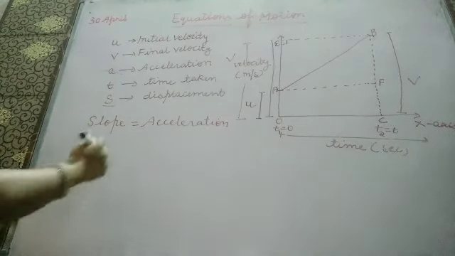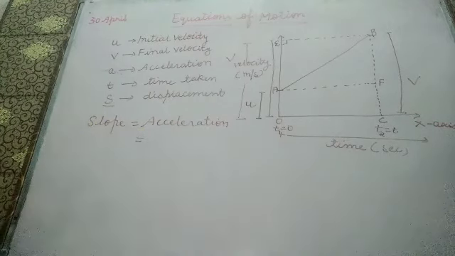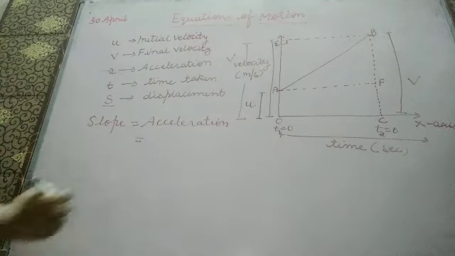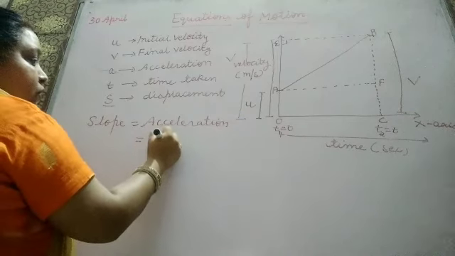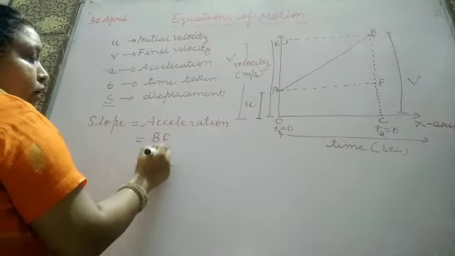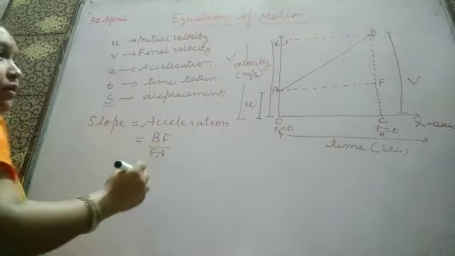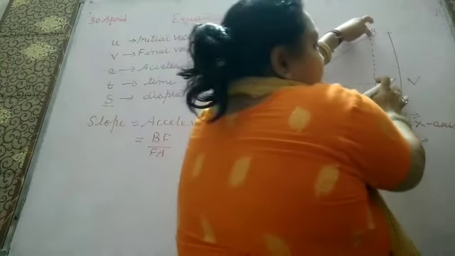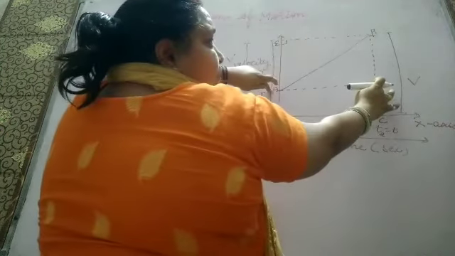And the slope will be equivalent to what we can write? BF upon FA, isn't it? This is BF and this is FA.